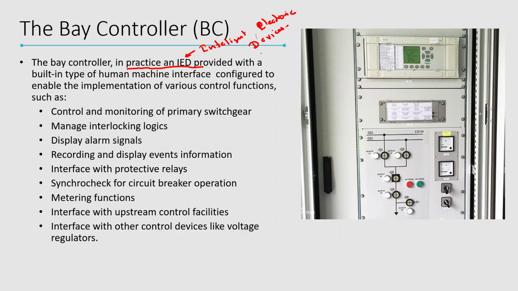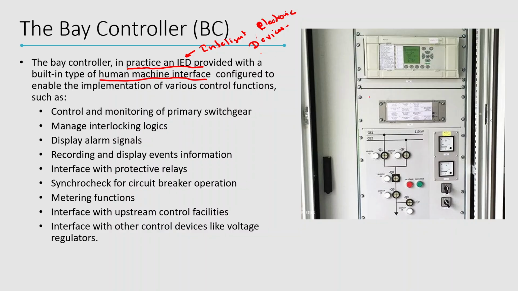And coming back to the bay controllers, we have this IED provided with a built-in human-machine interface, which is configured to enable the implementation of various control functions in the bay controller.